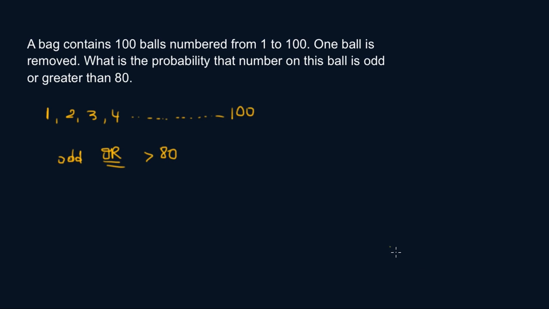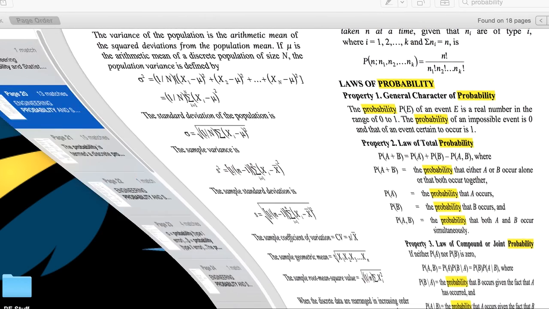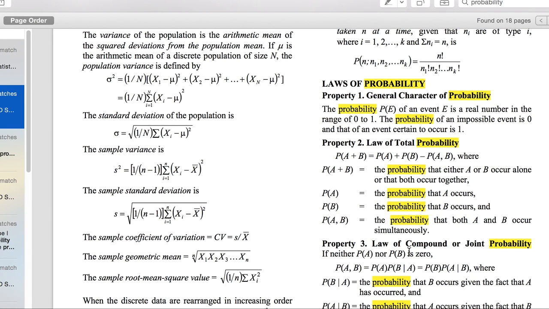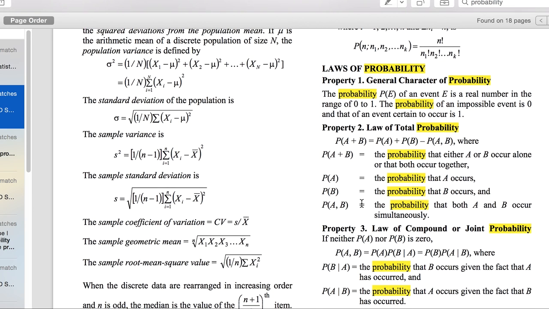Right, so if we go to the laws of probability here, we have a probability of A plus B. This is the probability that either A or B occur alone, or that both occur together.